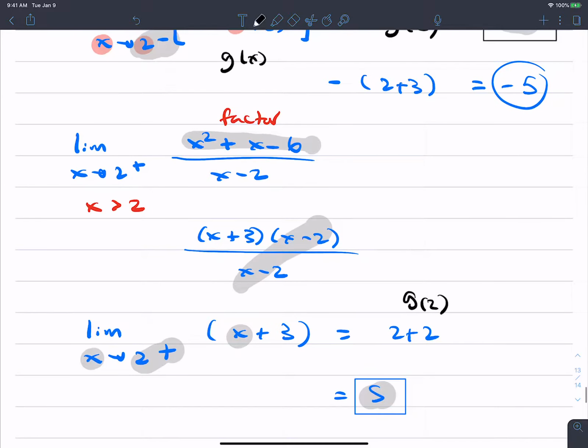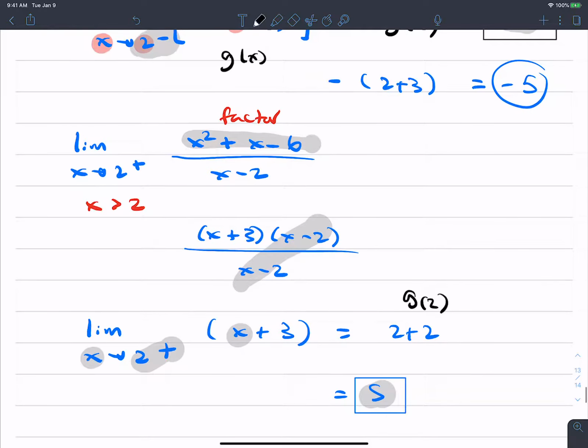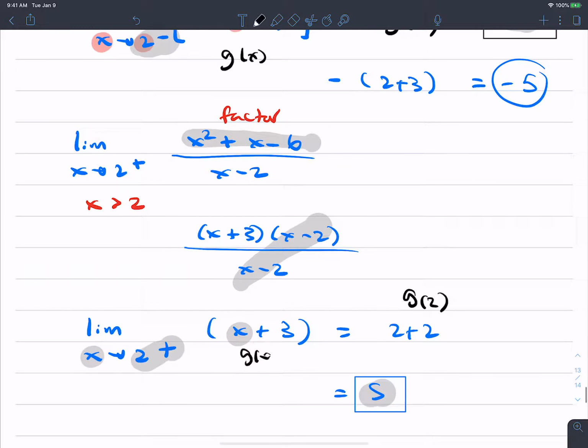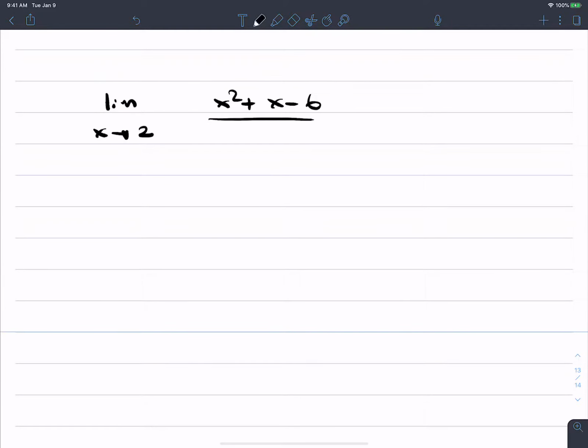So in one case, it's negative 5. And in the other case, because this is g, it's positive 5. So they're opposites. So in conclusion, the limit as x goes to 2, irregardless of the direction, of the original function, absolute value of x minus 2 over x minus 2, does not exist.